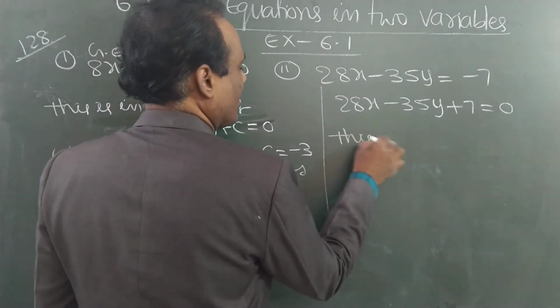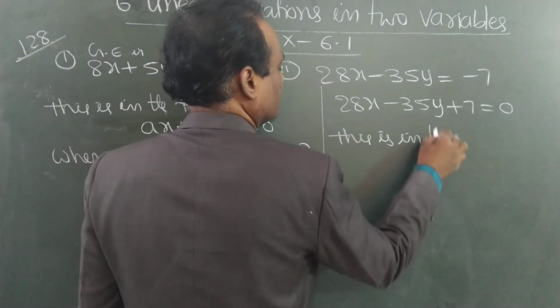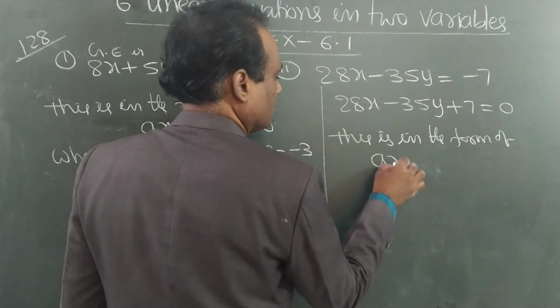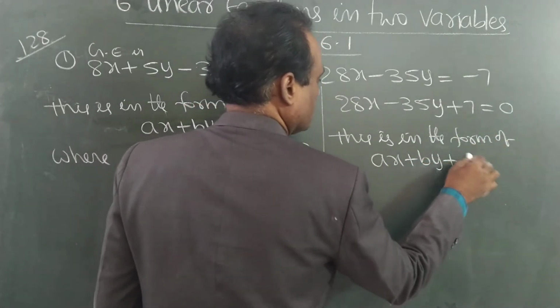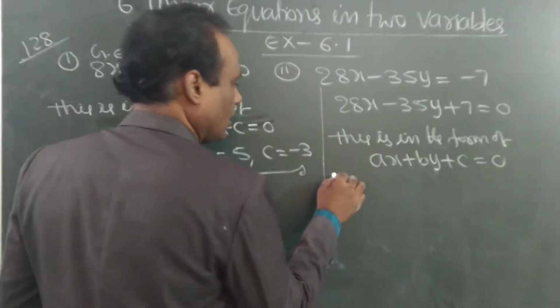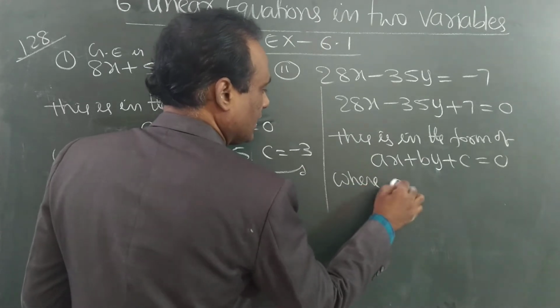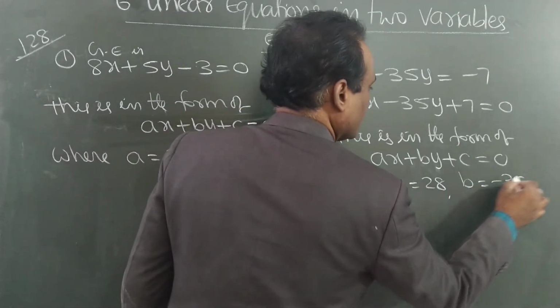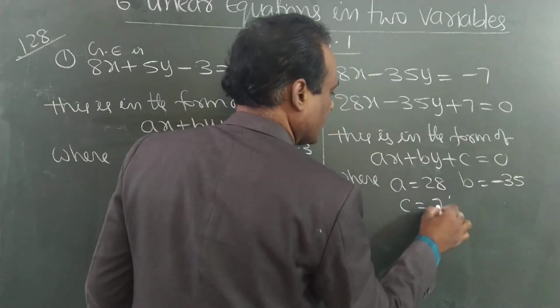This is in the form of exactly ax plus by plus c is equal to 0, where a is equal to 28, b is equal to minus 35, c is equal to 7.